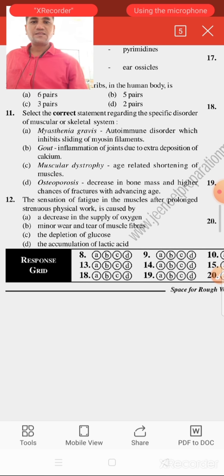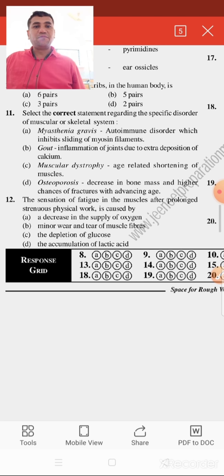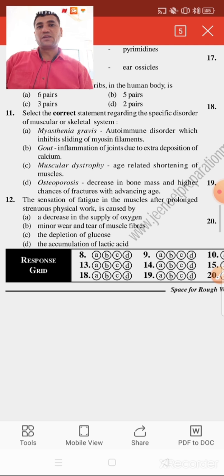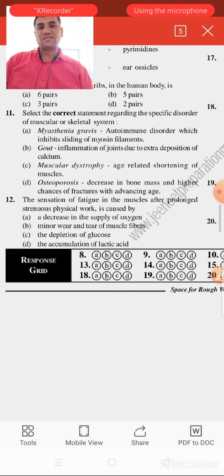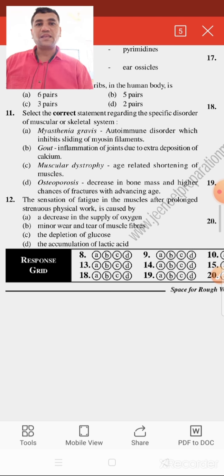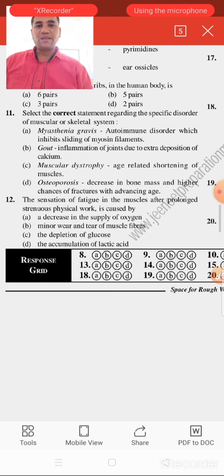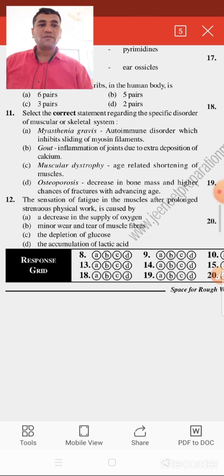The sensation of fatigue in muscles after prolonged strenuous physical work is caused by a decrease in the supply of oxygen, minor wear and tear of muscle fibers, the depletion of glucose, the accumulation of lactic acid.